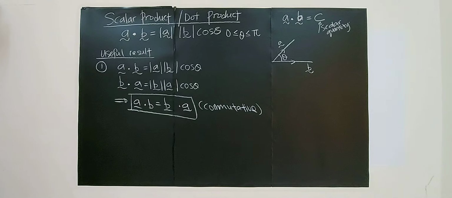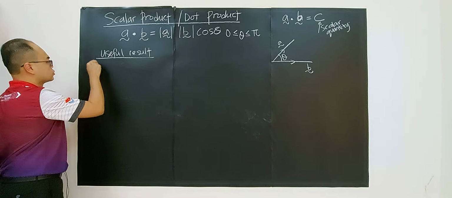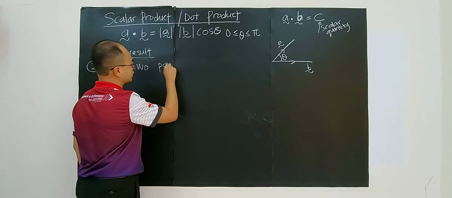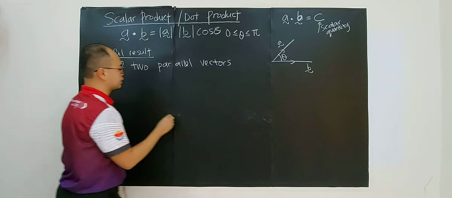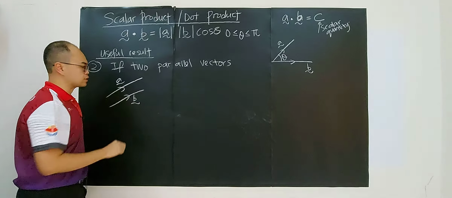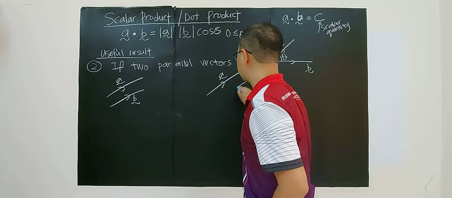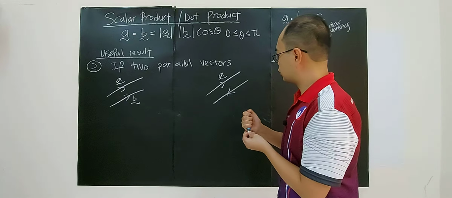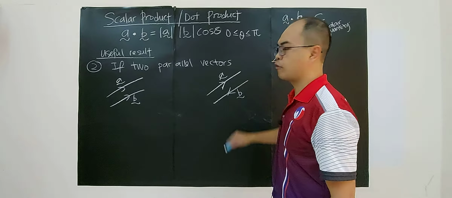Let's look at the second useful result. Take two parallel vectors. Either vector A and vector B are moving in the same direction, which is a parallel pair, meaning they have the same gradient, or A and B have opposite directions.